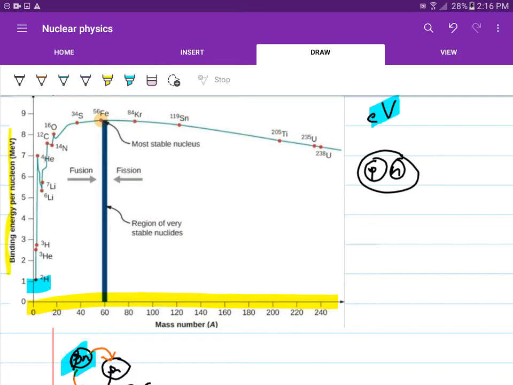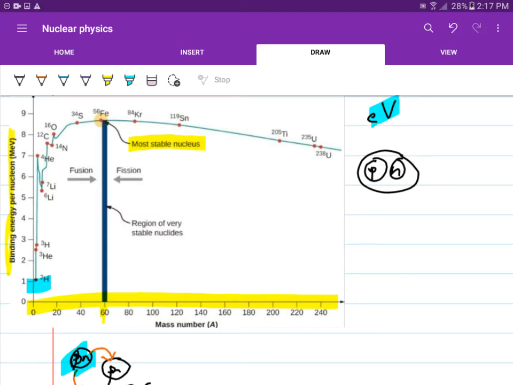But there comes a point wherein, as you increase the mass number of the nucleus, the binding energy suddenly drops, and there is a certain element called the most stable nucleus, because it has the highest binding energy per nucleon of all the other atoms.